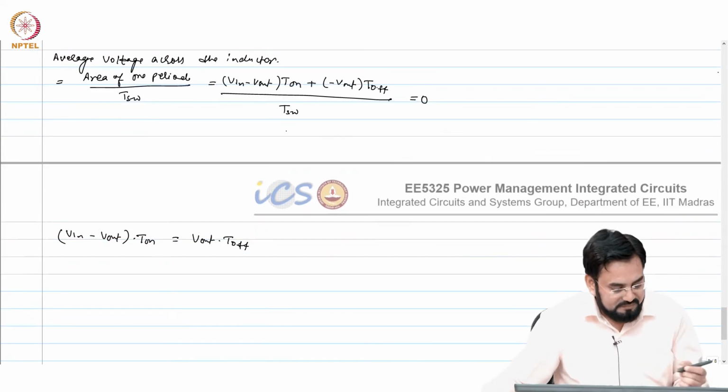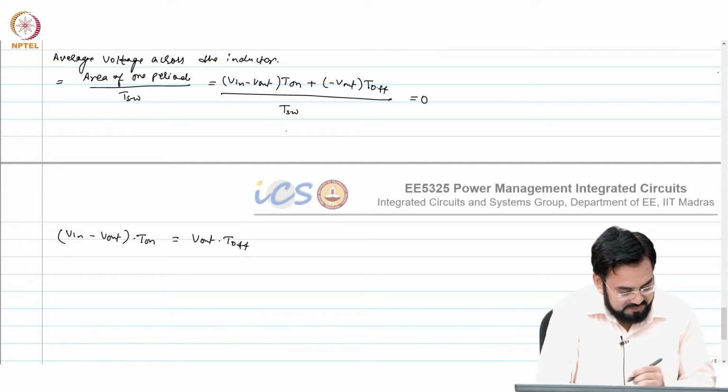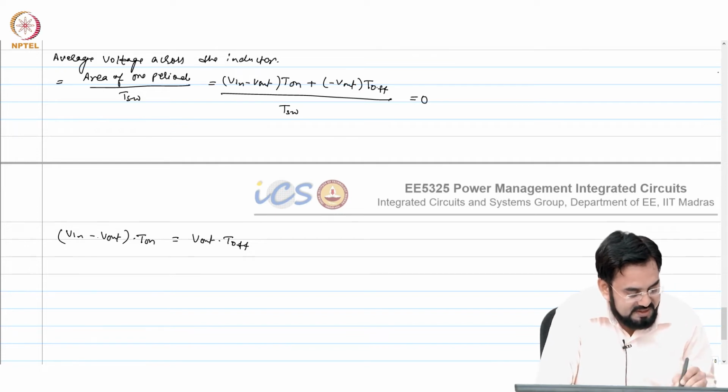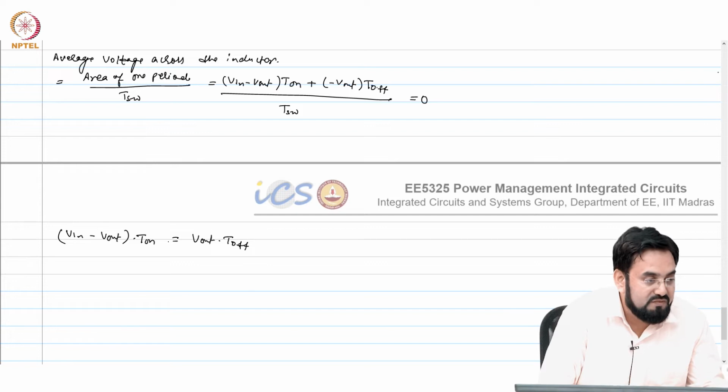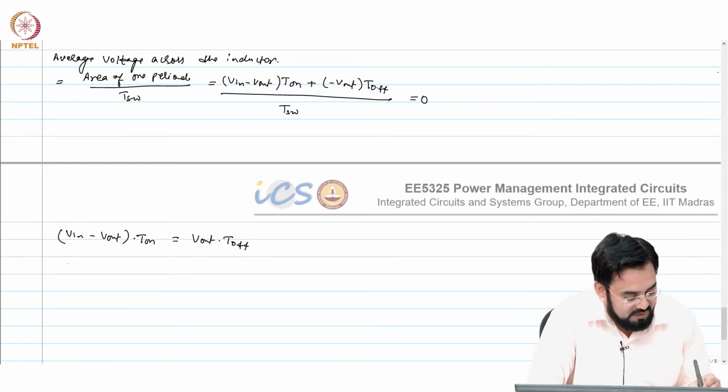Okay. Basically, the product of voltage and time, and that is why we call it volt second balance.